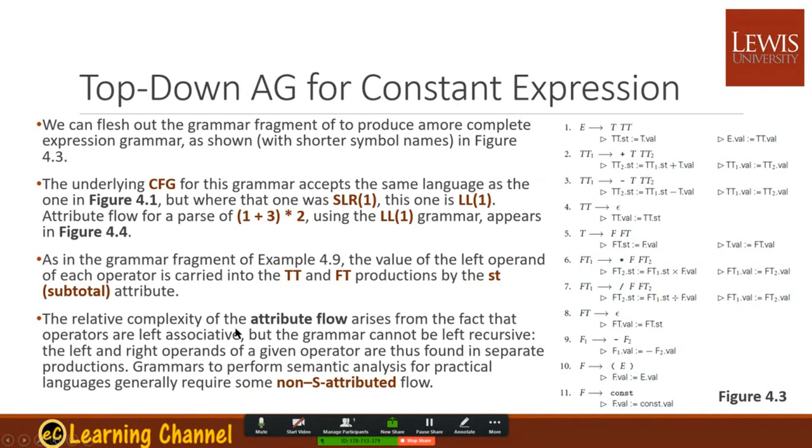The relative complexity of this attribute flow arises from the fact that operators are left associative, but the grammar cannot be left recursive for an LL grammar. The left and right operands of a given operator are thus found in separate productions. Grammars to perform semantic analysis for practical languages generally require non-S-attribute flow.